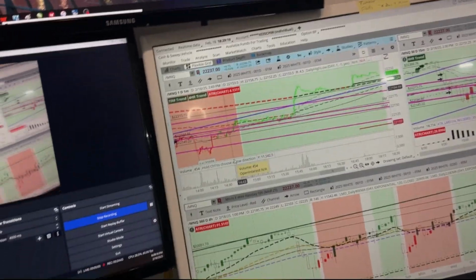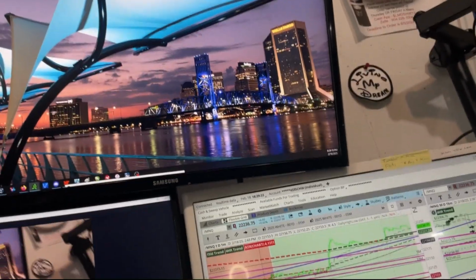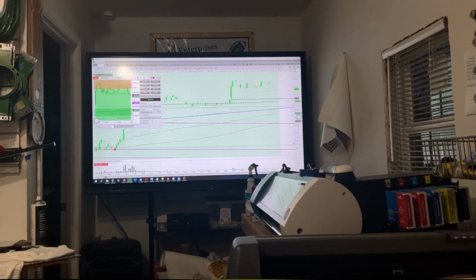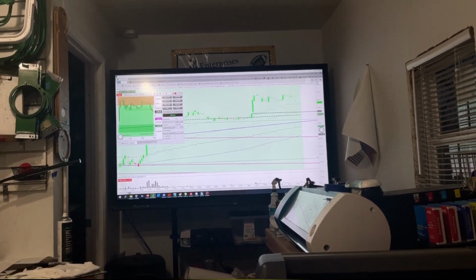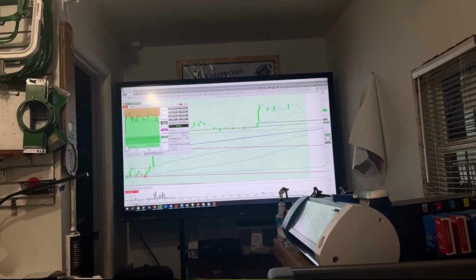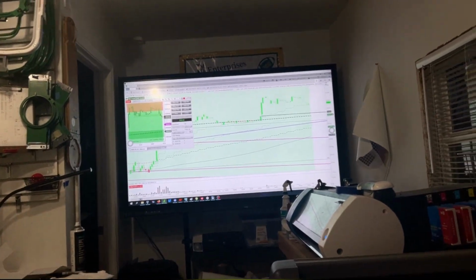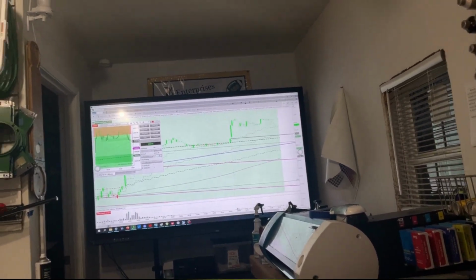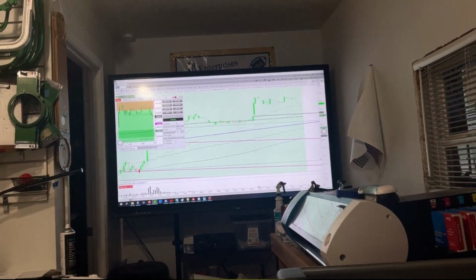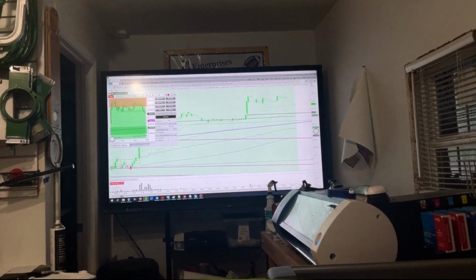So that's my usual setup. Got another monitor up there, and then this is my big boy monitor right there. That bad boy's like a 70-something inch touch screen monitor, but when I'm working out in the shop, this is usually what I'm looking at. So it makes it easy for me to see what the market is doing. I could just glance over, and anywhere in my shop, I can see the charts.